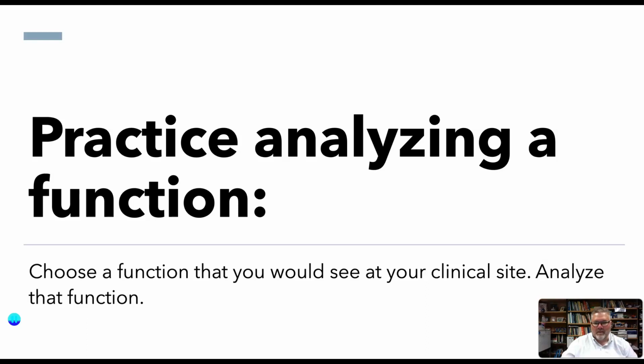Okay, now that you've thought about all these, where are they taught? What are they asking for? Now we're going to practice analyzing a function. I want you to choose a function that you would see at your clinical site and analyze it. I want you to challenge yourself. So don't do constant functions, and try to stay away from linear functions.